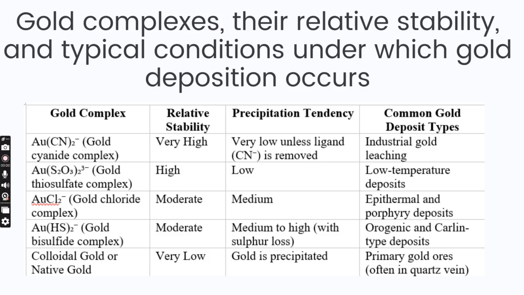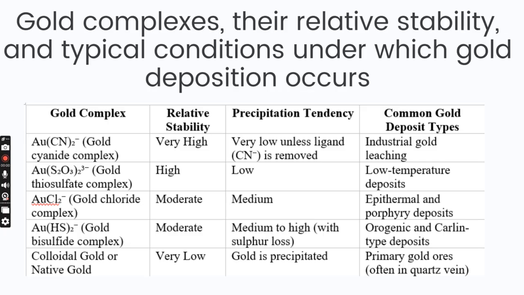I will be showing this table, where you can see gold complexes, their relative stability and the typical conditions under which gold deposition occurs. Primarily I am concentrating on gold, but these fundamental things, as I am repeating, we will utilize for other metals as well. Gold has mostly cyanide complex, thiosulfate, chloride and bisulfide, and more importantly, gold often occurs as native gold, which itself indicates colloidal gold.